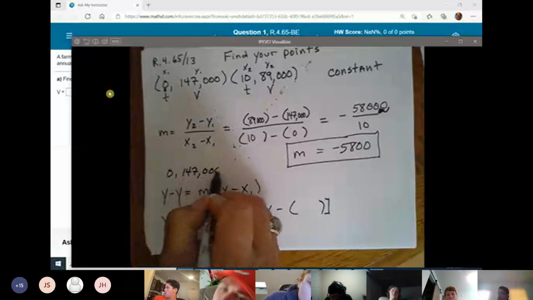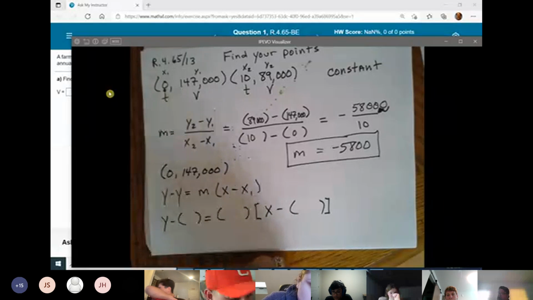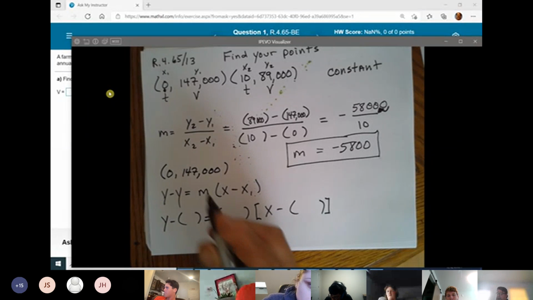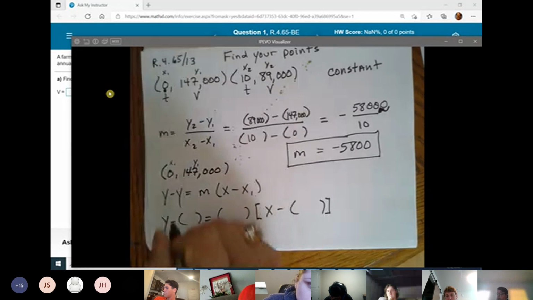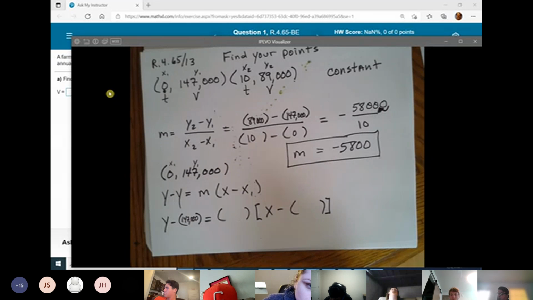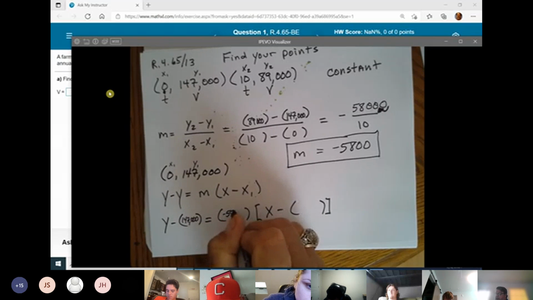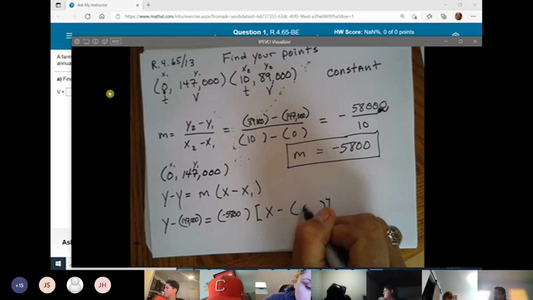Because 0 is our friend, because even somebody that's non-sentient can add or subtract 0. So that's why we picked 0. It's easy math. This is X sub 1, Y sub 1, and M is negative 5,800.